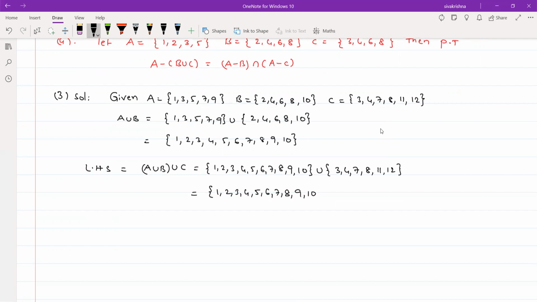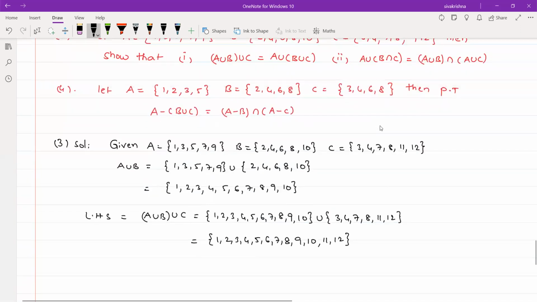In addition to these elements, we also write 11, 12. Since 3, 4, 7, 8 are repeated twice, we write them only once. So this is the value of LHS. If you find the RHS value, the answer should be the same as the LHS answer. That is what we have to verify in the first condition.